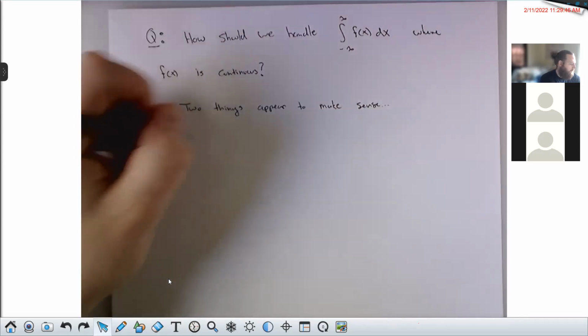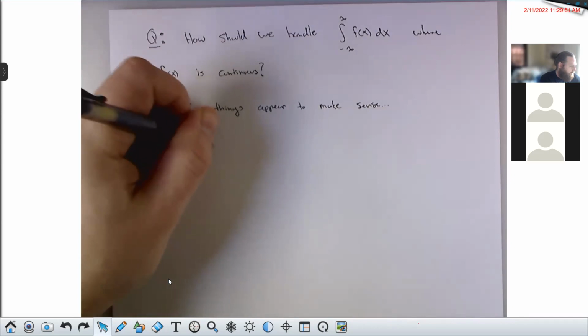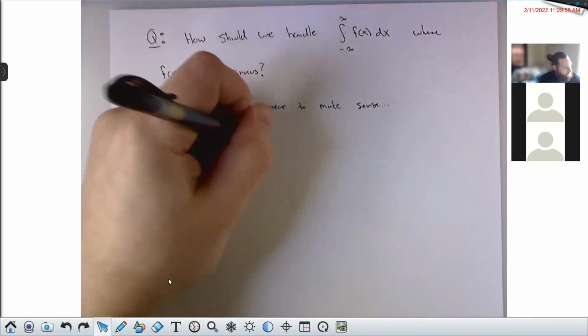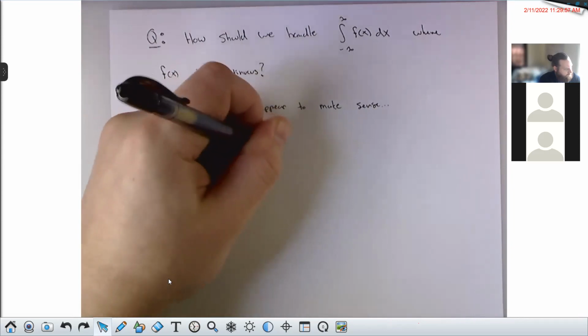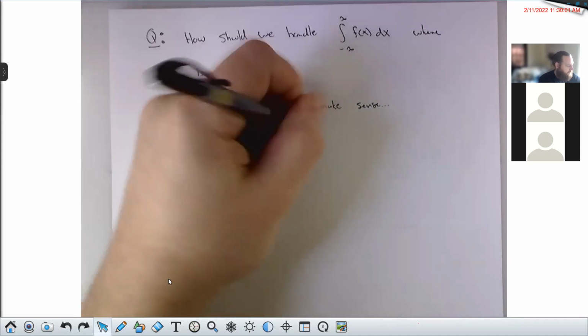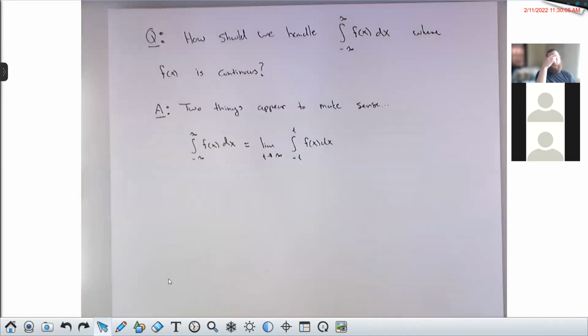The first could be writing this integral from negative infinity to positive infinity as the limit as t approaches positive infinity of the integral from negative t to positive t of f of x dx. Right? Just kind of symbolically, that makes sense.